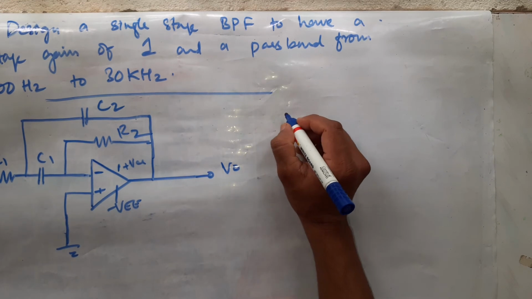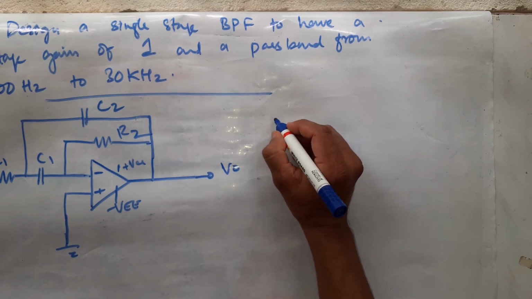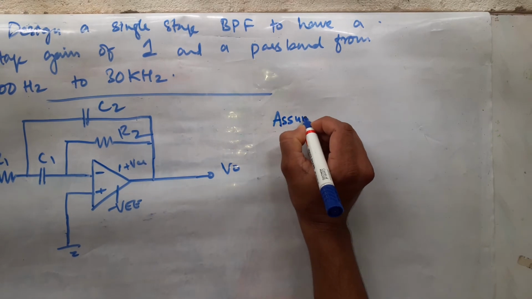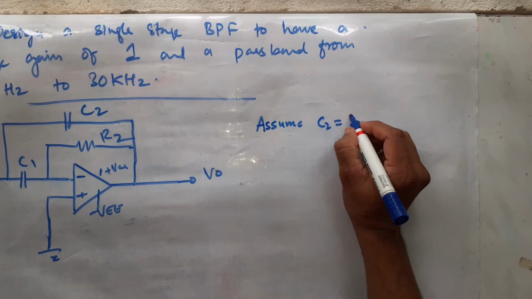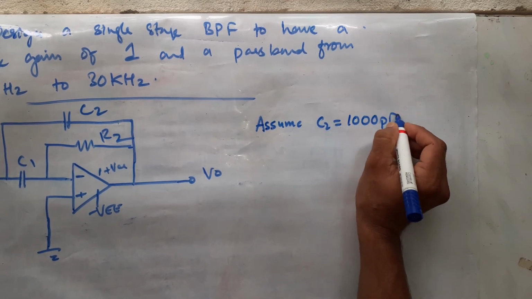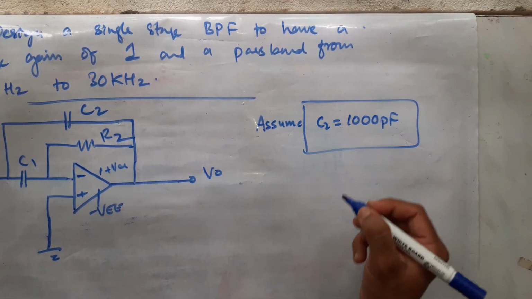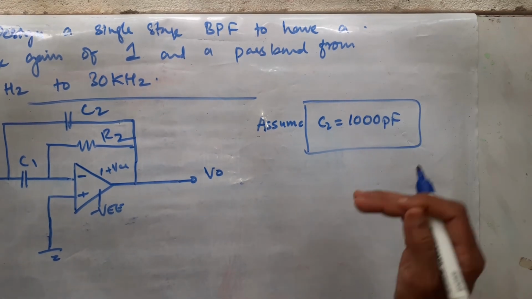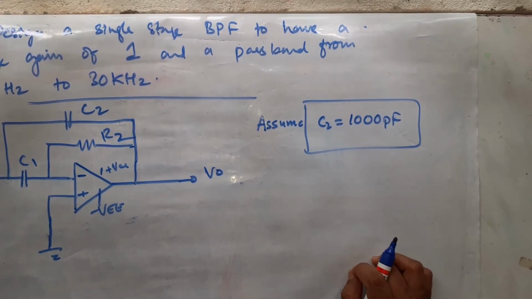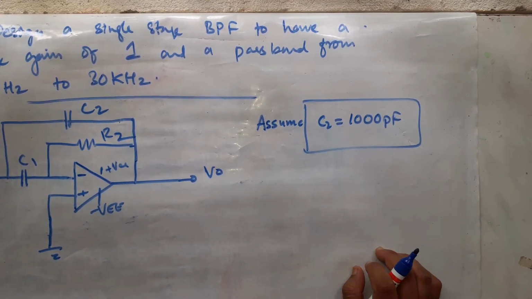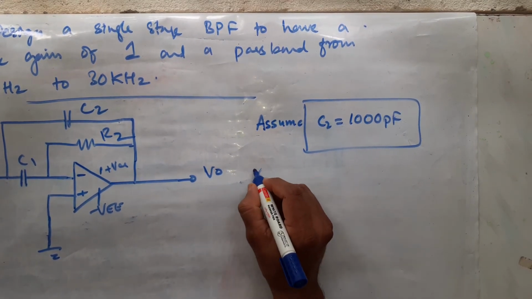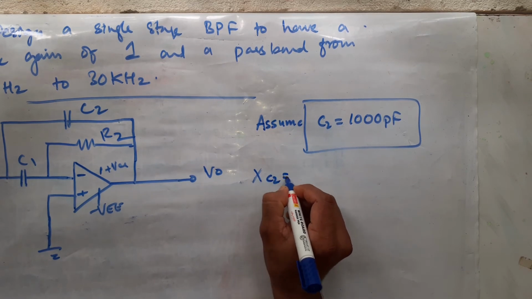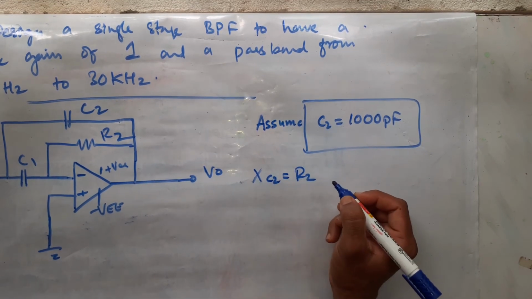So in the solution part, hope you remember the design. We were asked to assume the capacitance value. C2 should be equal to 1000 picofarad. Assume this. Then according to this value, go on determining the values for other components. So we know that XC2 is equal to R2, right?